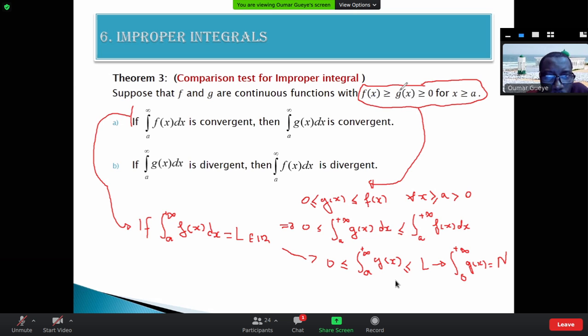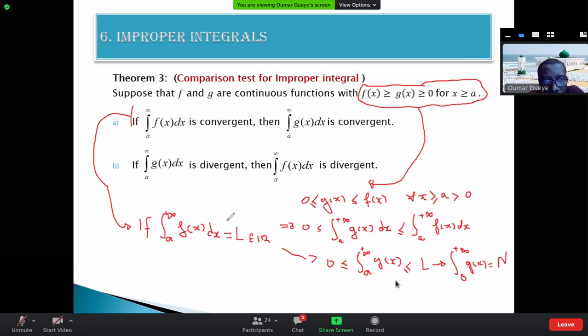In order to prove the integral of g is convergent, even if you don't know its value, you have to find a function f which is greater than g, and g should be positive. If you find a function which is greater than g and that function is convergent, automatically your integral of g is also convergent. That's the meaning.